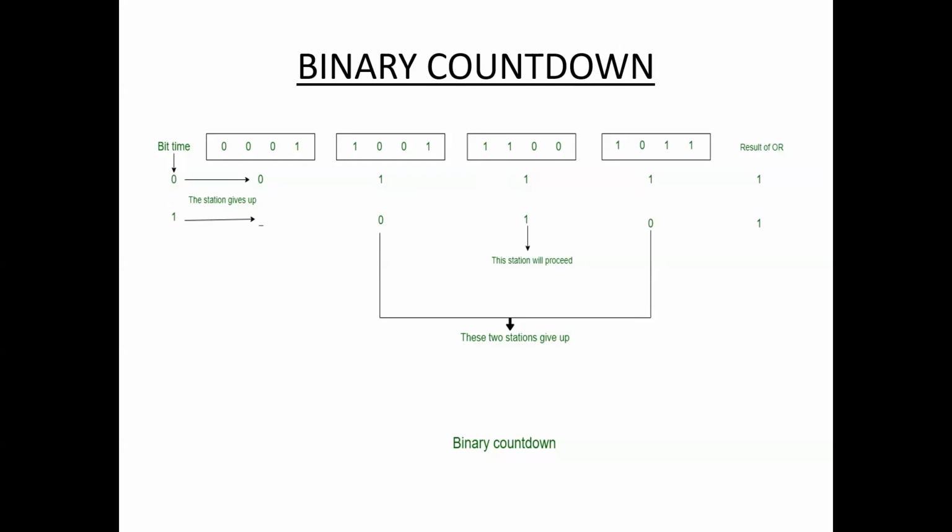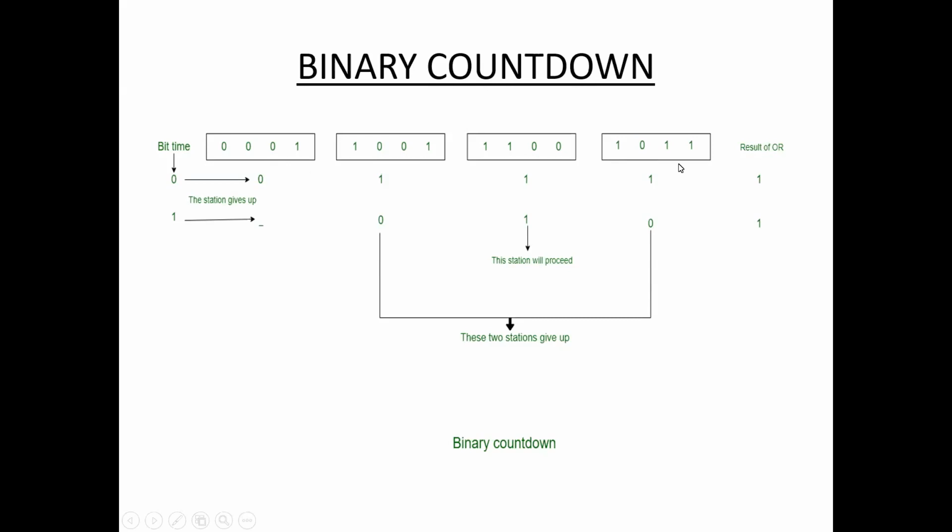Here, a station wanting to use the channel broadcasts its address as a binary bit string, starting with the high order bit. Suppose we have 0001, 1001, 1100, 1011.